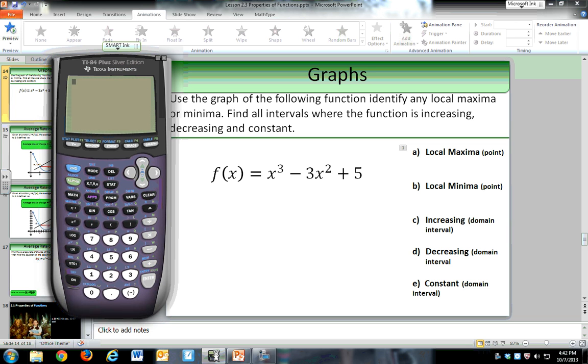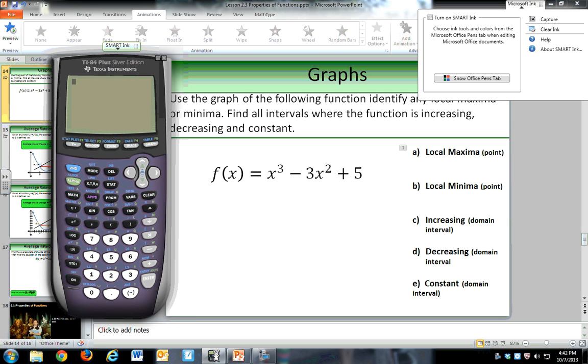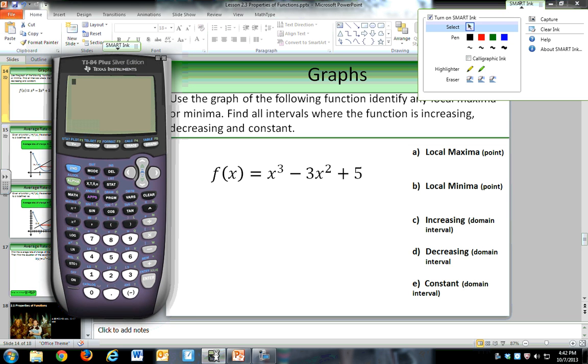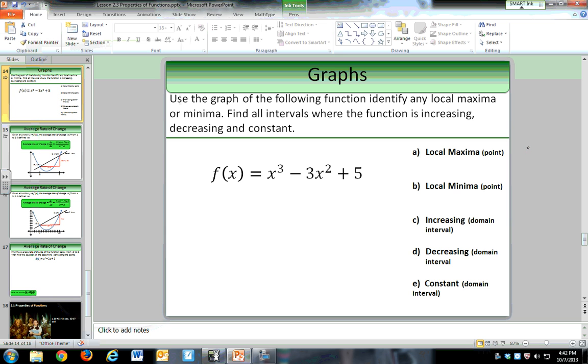So in your graphing calculator, the first thing you're going to do is graph the function that I've given you. Remember, f of x and y are interchangeable. So this is the same thing as y equals x cubed minus 3x squared plus 5. That's how you're going to graph it in your graphing calculator.